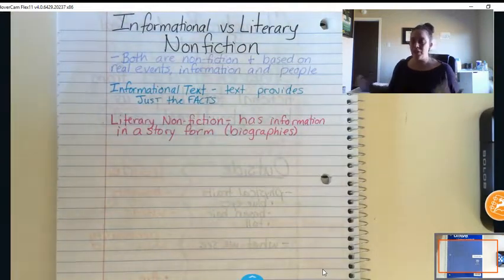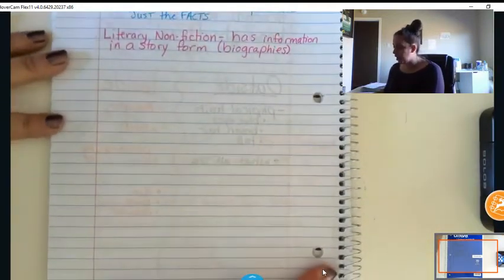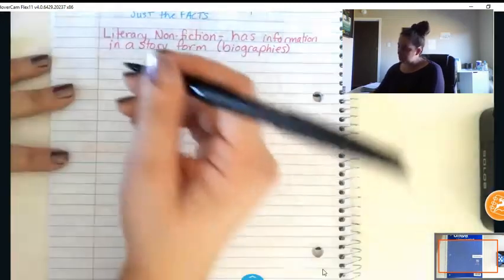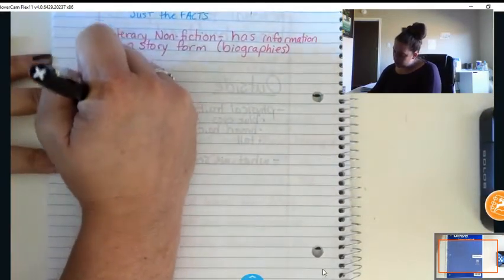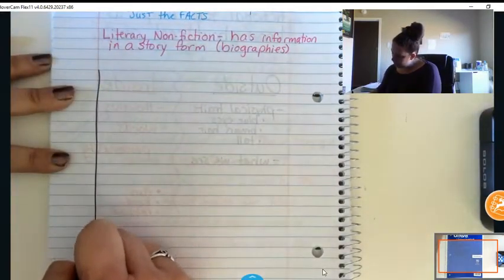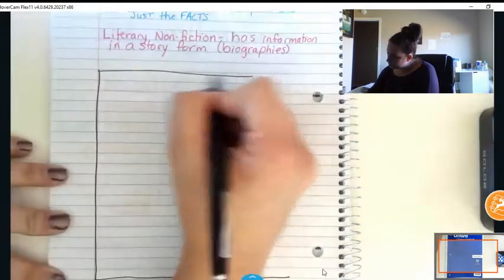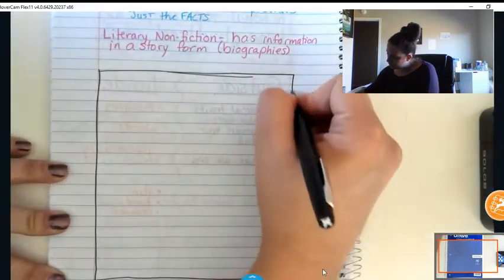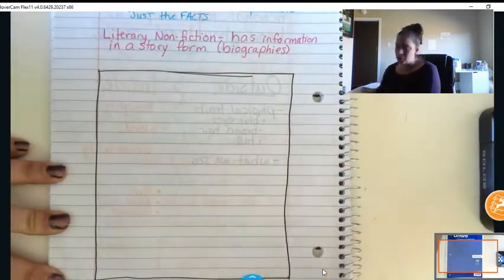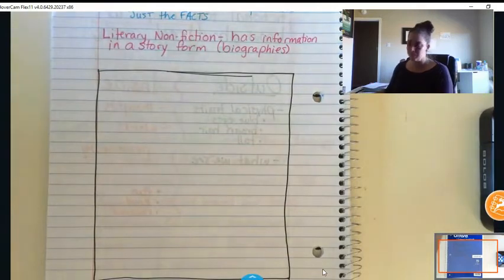So I'm going to make a chart to help me compare the two texts. I'm going to draw this nice, lovely little box right here. It's a nice giant rectangle.